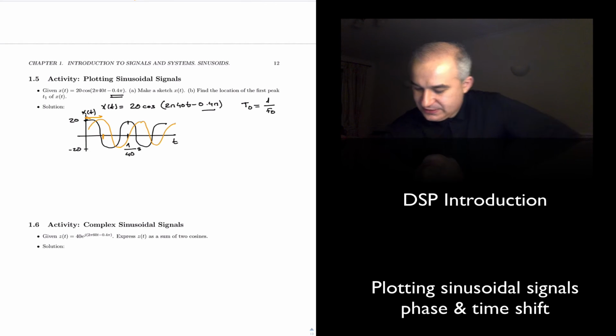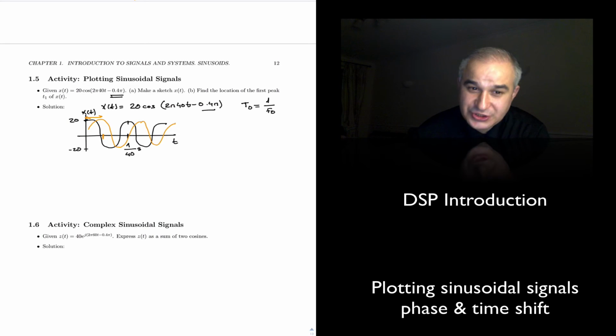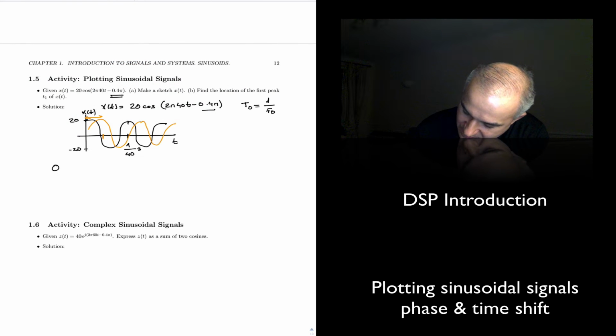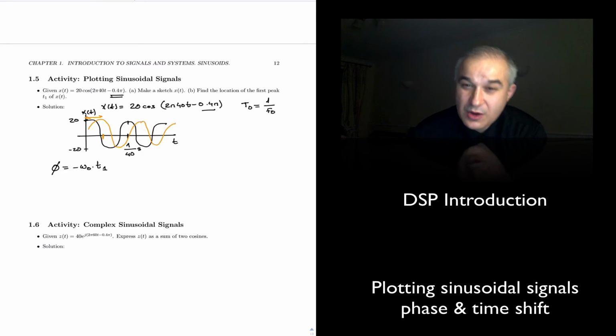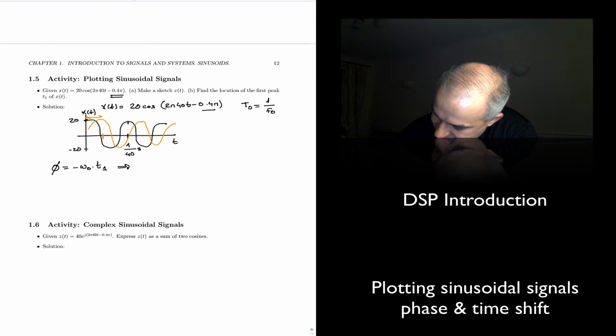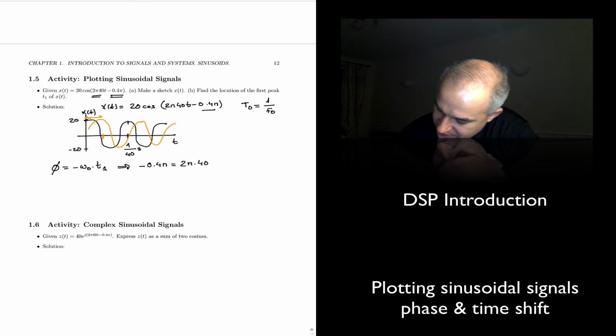in order to properly sketch this signal. So as we saw, the relationship between phase and time is given by the radian frequency. And so in this case, our phase is minus 0.4 pi, and our radian frequency is 2 pi 40.